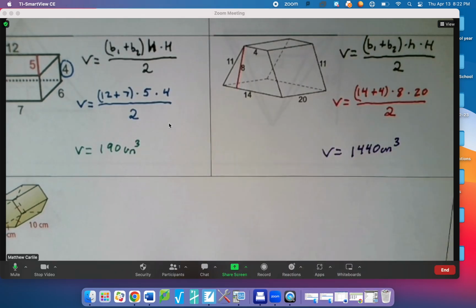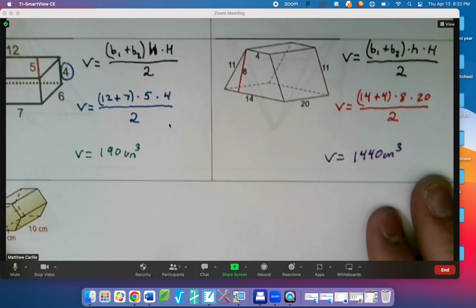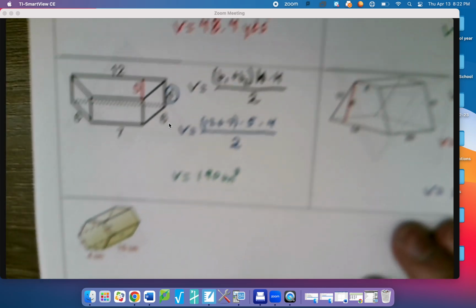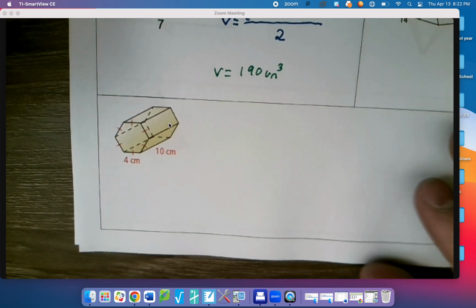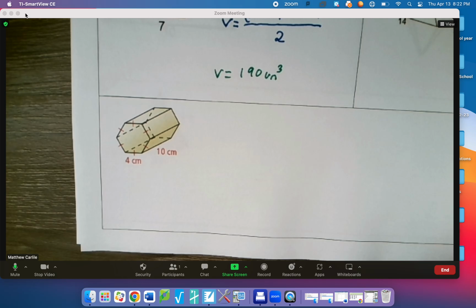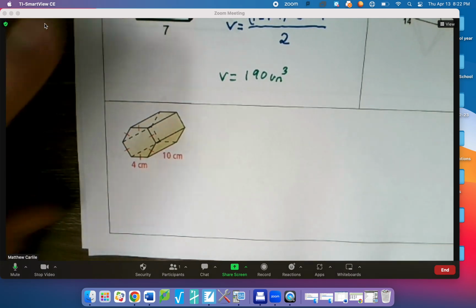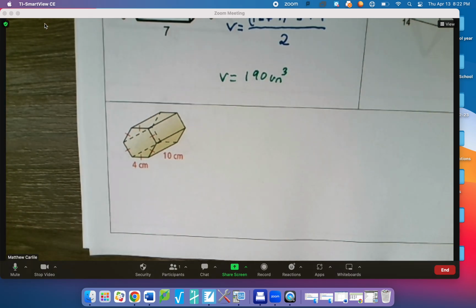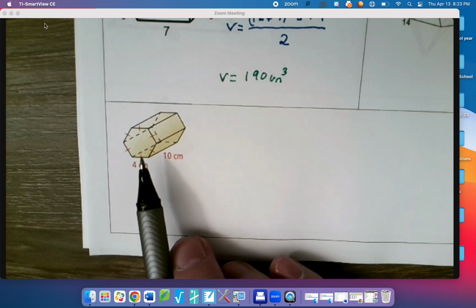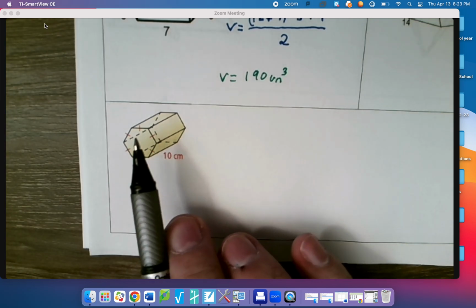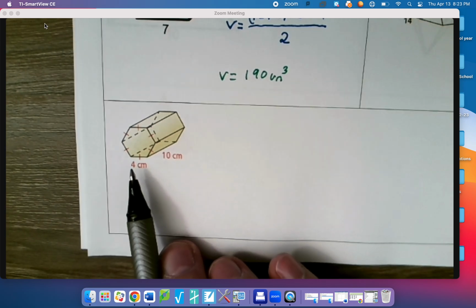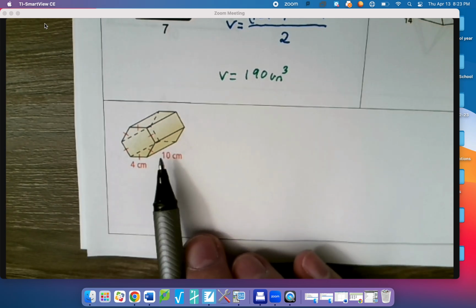The last shape we're going to look at on the front side of these notes is this prism right here. Let me get my cursor out of this frame there. It is a hexagonal prism, and they have told us our side length right here. The 10 corresponds to the height of our prism.